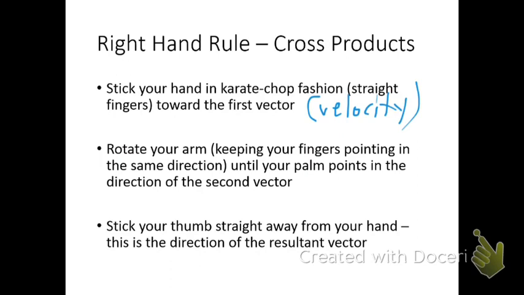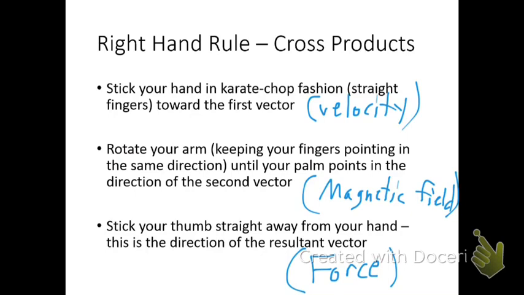Next, rotate your arm until your palm is pointing in the direction of the second vector, which in this case would be the magnetic field. This assumes they're at right angles to each other, which they often are, at least in this class. And finally, your thumb will be the resultant vector, which in this case is the force.